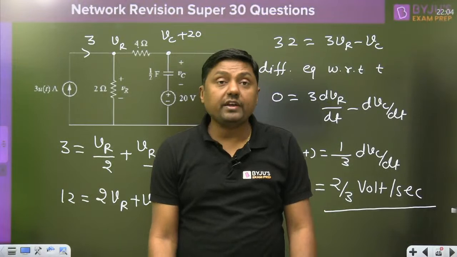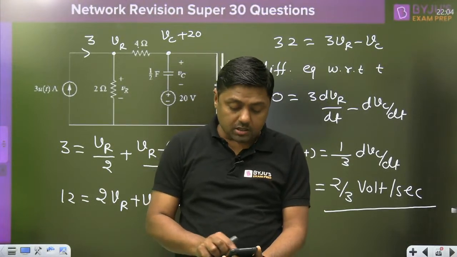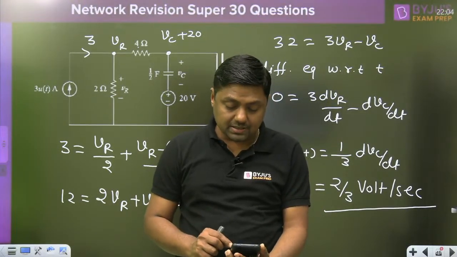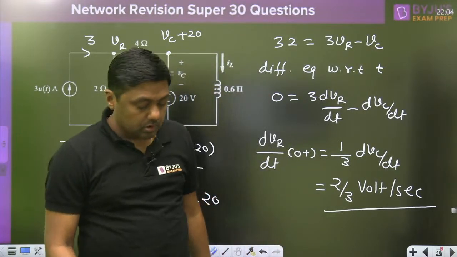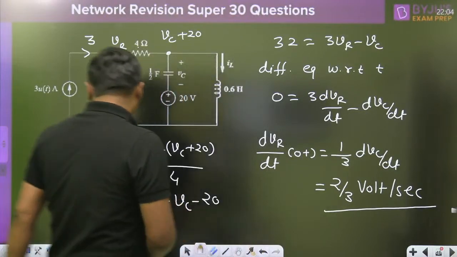So in this way you can find the value. This is a very, very important question. 2 marks. No doubt it will take around 2 to 3 minutes in the exam hall, but no problem. This type of question they may ask. Okay, 1 minute.